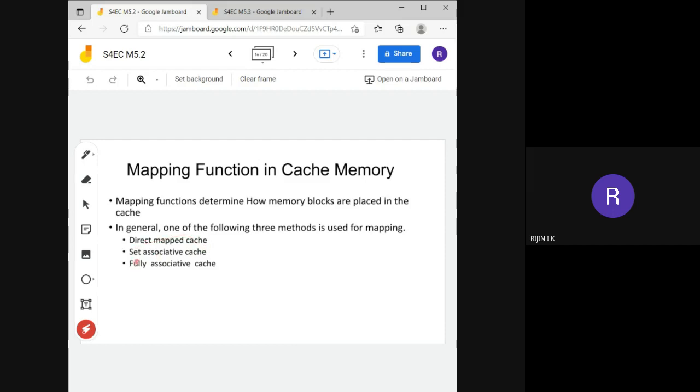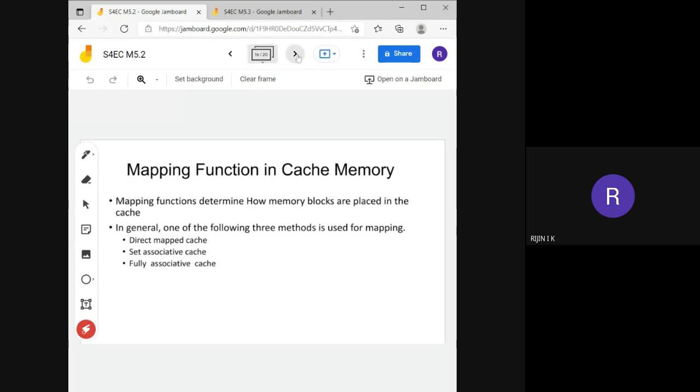The cache memory which uses set associative mapping is a set associative cache. And the last one is a fully associative cache. So these are the three methods used for performing this mapping. Mapping means we are copying the data present in the main memory to the cache memory. That is what memory mapping is.